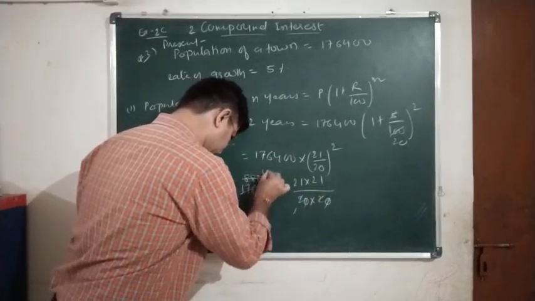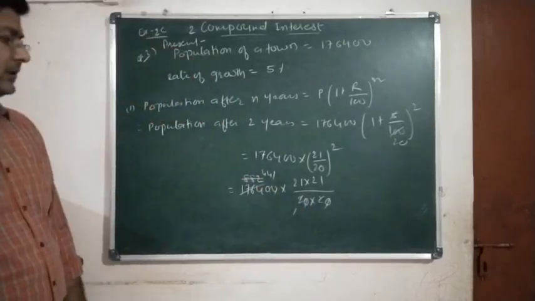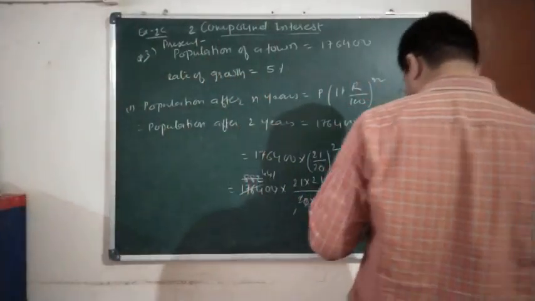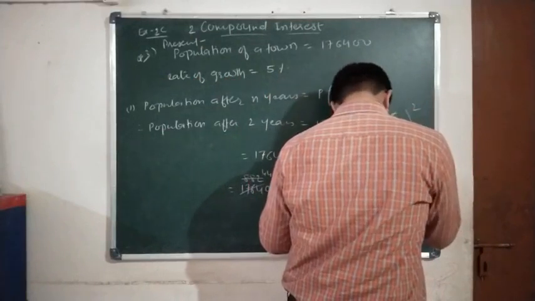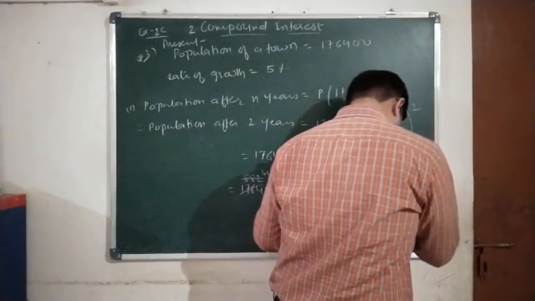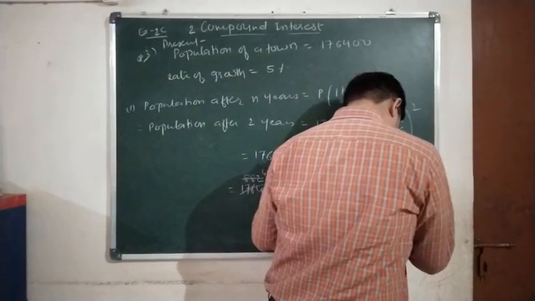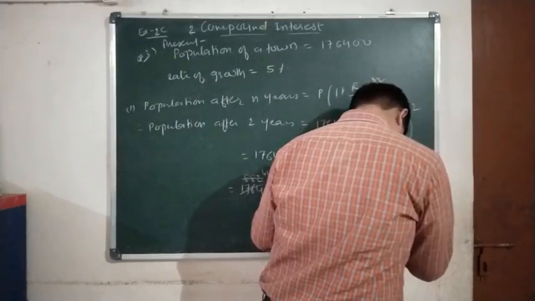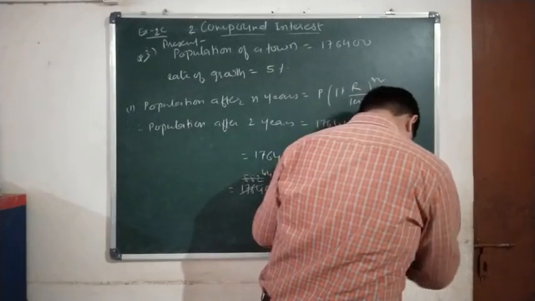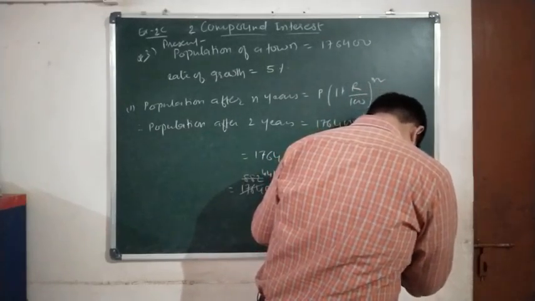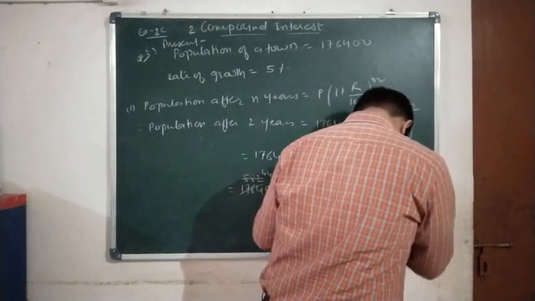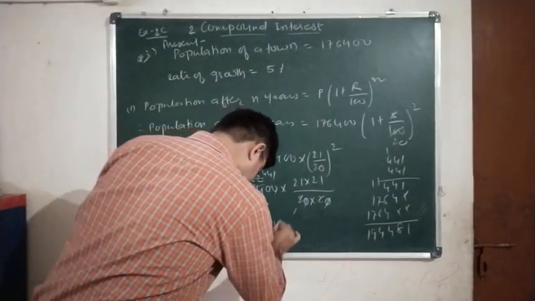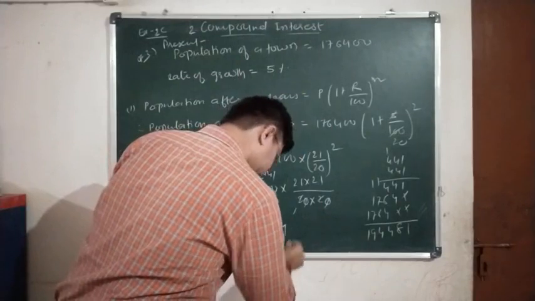Okay, so 21 21s are 441 only. 441 into 441 we will do, which gives 194481.